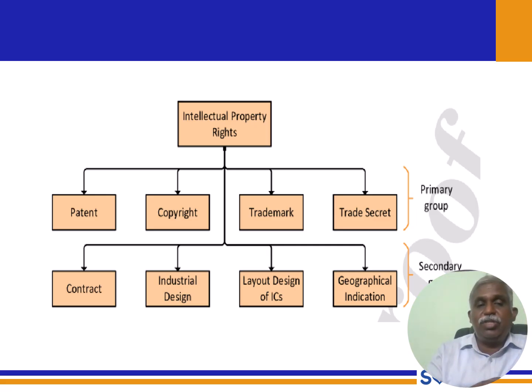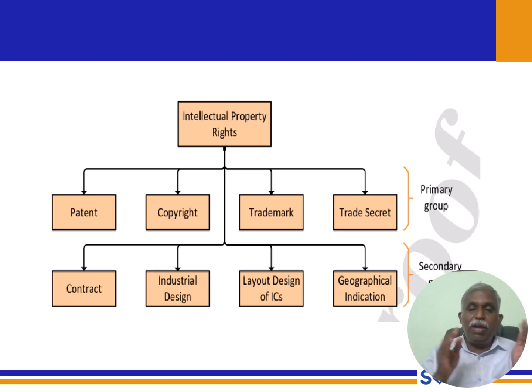Patent for innovation, copyright for literature, trademark for brand, especially in the brand we have a unique selling proposition that is under the trade secret. In the secondary group we have contract, industrial design, layout design, particularly for integrated circuit chips, then geographical identification.